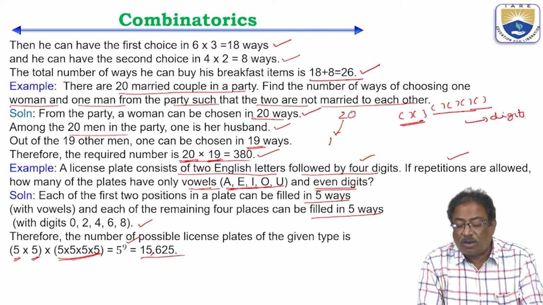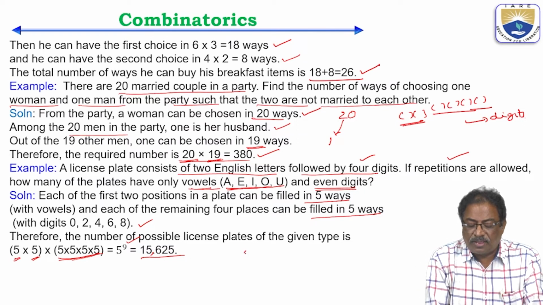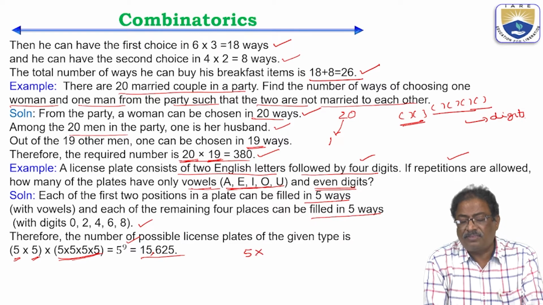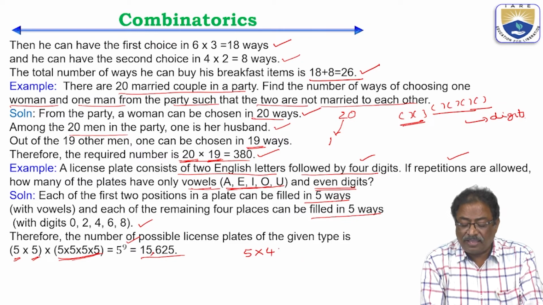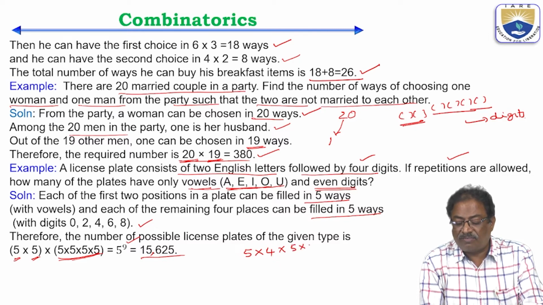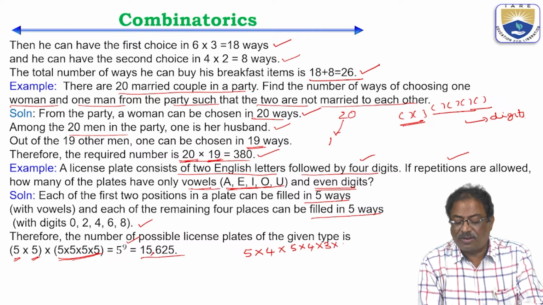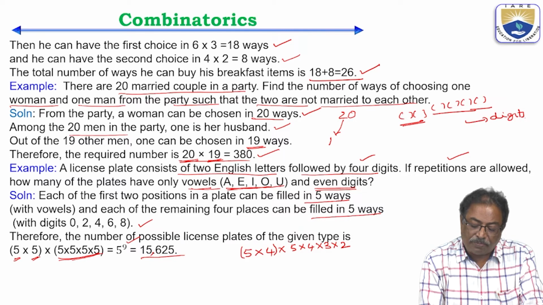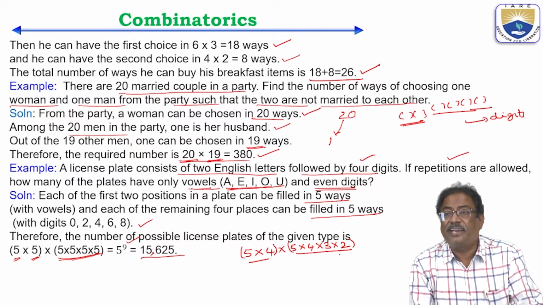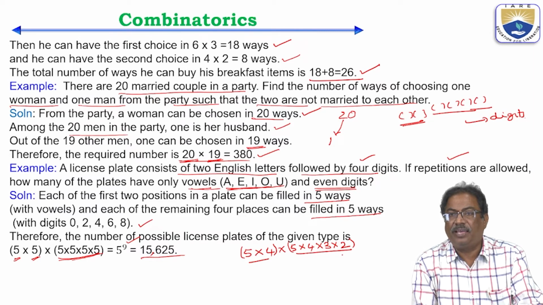Suppose repetitions are not allowed. Then selecting the first vowel is 5 ways, and selecting the second vowel is 4 ways. Selecting an even integer is 5 ways, the next one is 4 ways, because one is already selected, another one is 3 ways because 2 are selected, and then another is 2 ways.